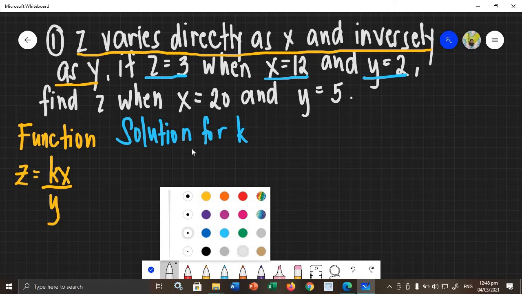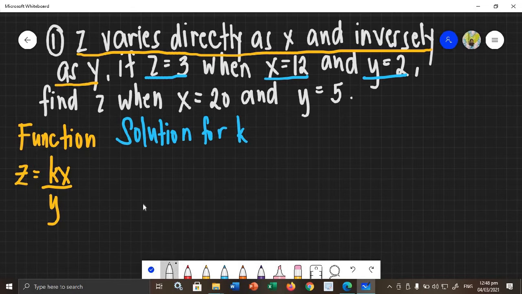To solve for k, we will use the function that we derived from the statement, z is equal to kx over y. Let's substitute the first given of z, x, and y.